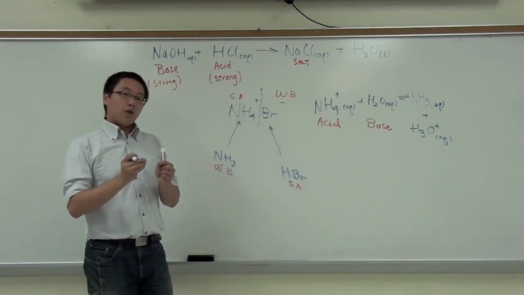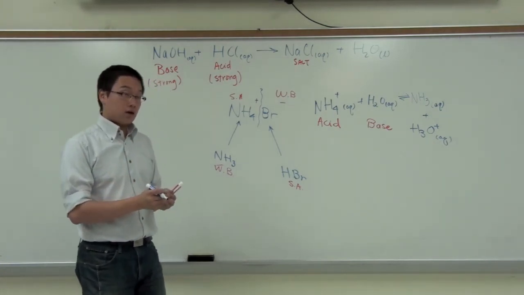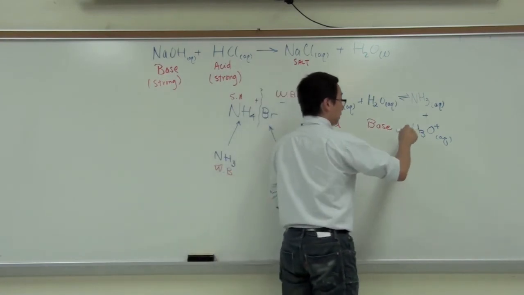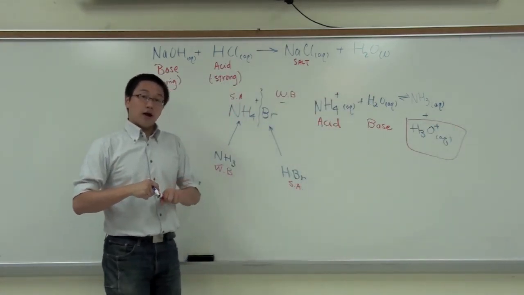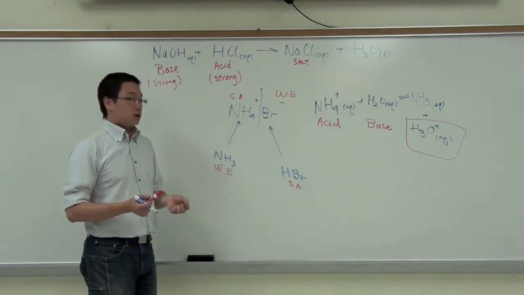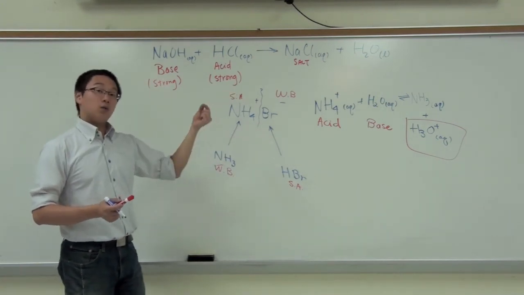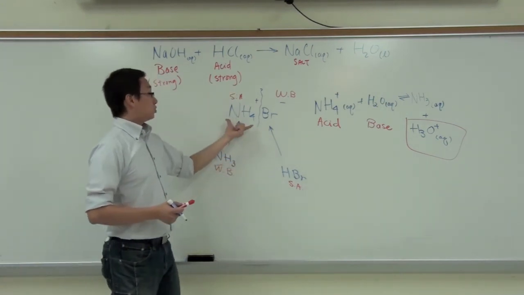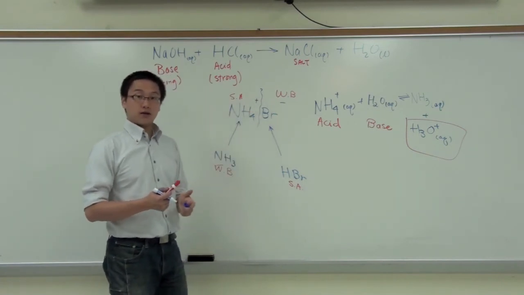So this is how we understand it's going to make the solution acidic, because we can see that it is producing H3O+, the hydronium ion. This is the ion that would affect the pH of the solution. Since we have hydronium ion, it's going to make the solution acidic, and we can say that this salt is an acidic salt because it will make a solution acidic.